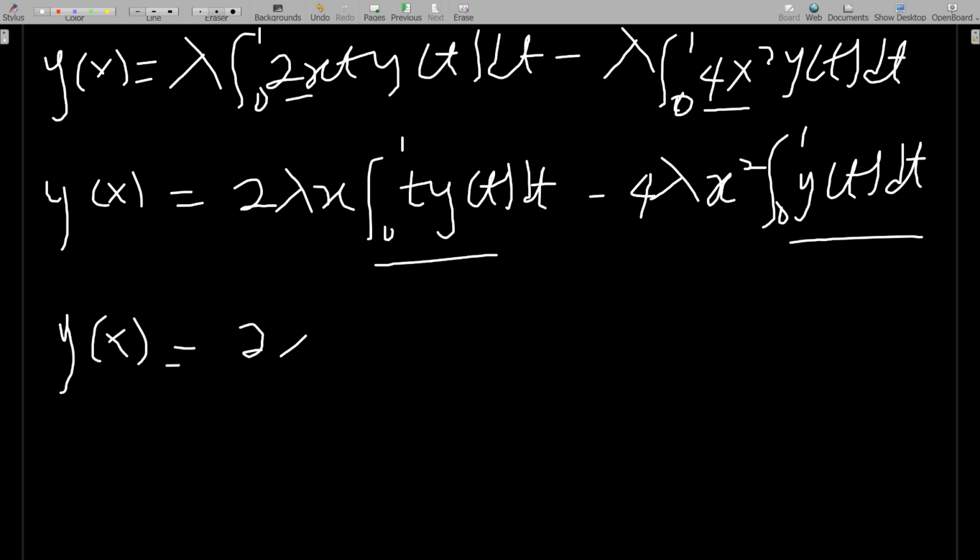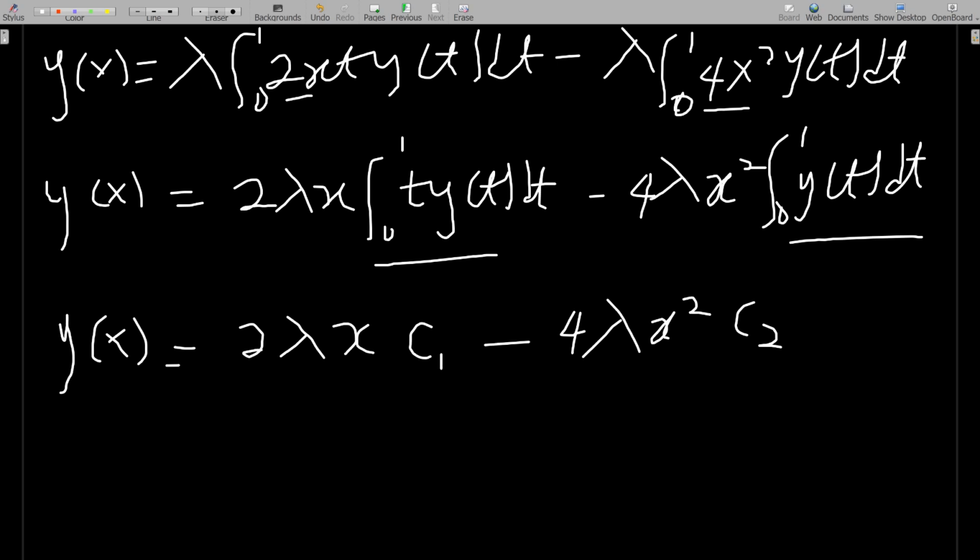So I have 2 lambda x c1 because we have two constants here, then minus 4 lambda x squared c2, or you can call the first constant a and the second one b. No matter how you call it, it's up to you.